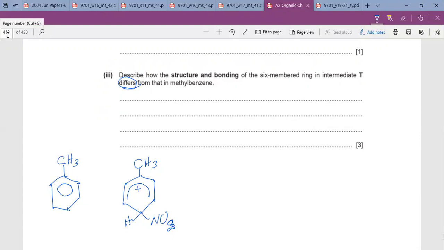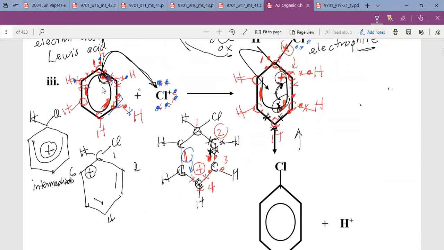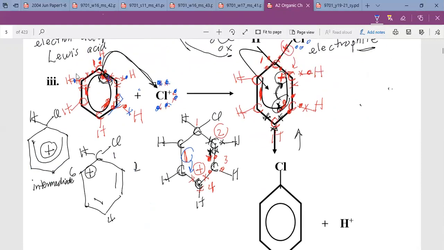Now look at this here. So what's the difference between benzene? The first difference, because you notice that if it's methyl benzene, it's a ring here, right?